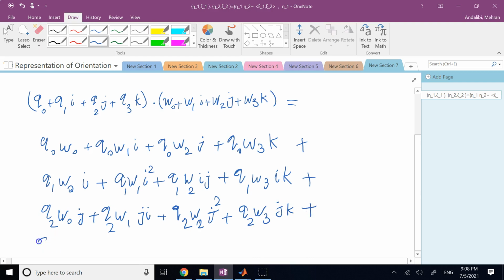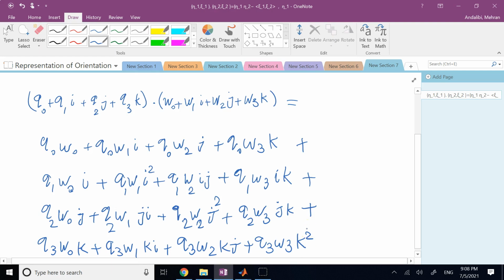And finally, Q3 W naught K, and then Q3 W1 KI, Q3 W2 KJ, and Q3 W3 K squared.